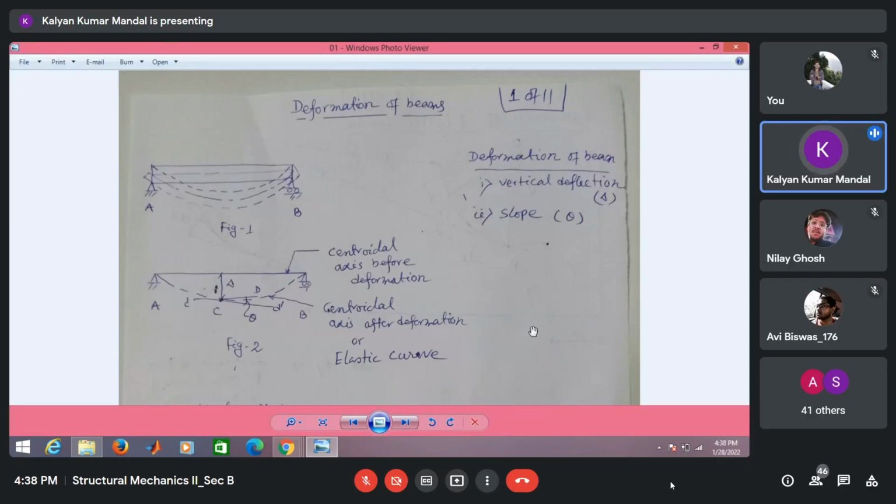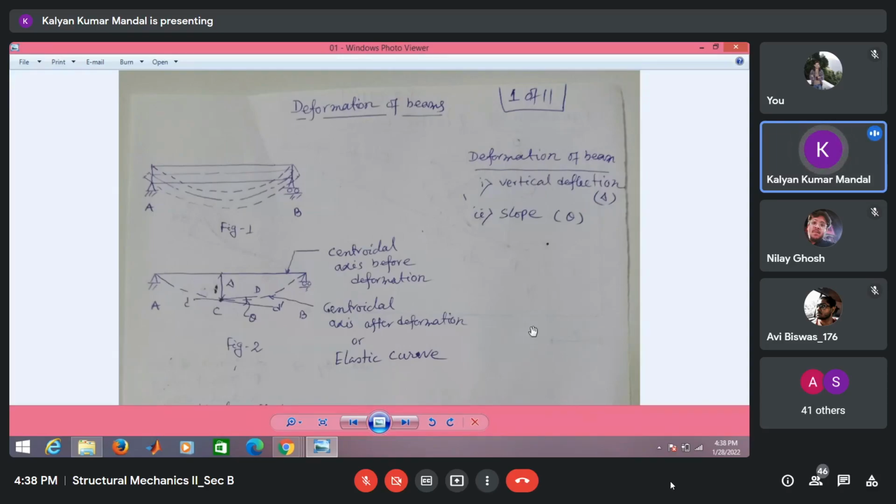In this first figure, the continuous line shows the initial position of the beam, and the dotted line shows the position of the beam after deformation. Generally we represent the beam by a single line, that is the centroidal axis of the beam.